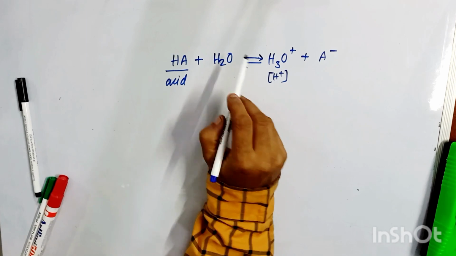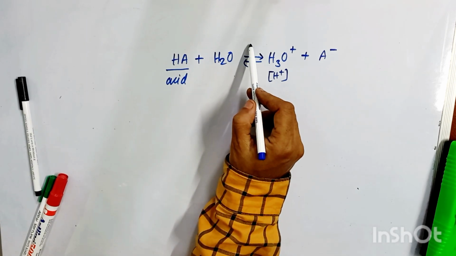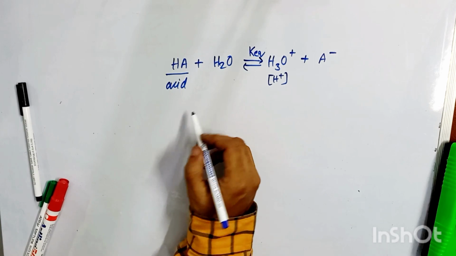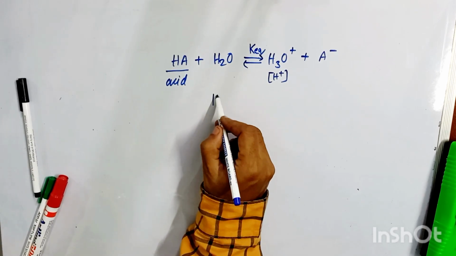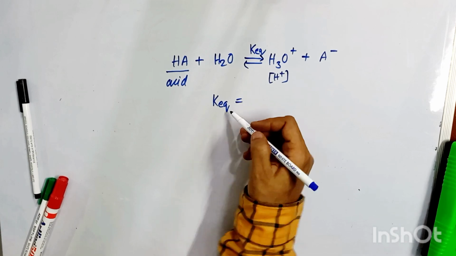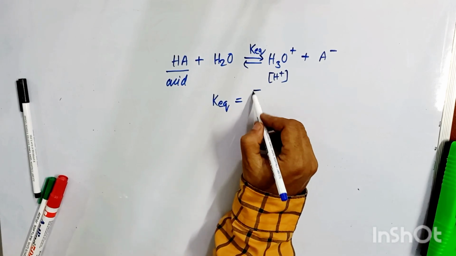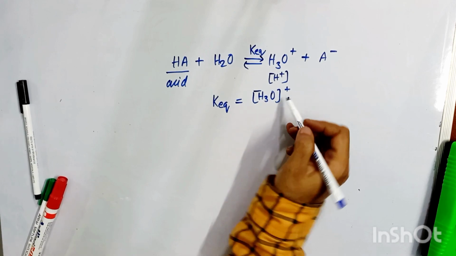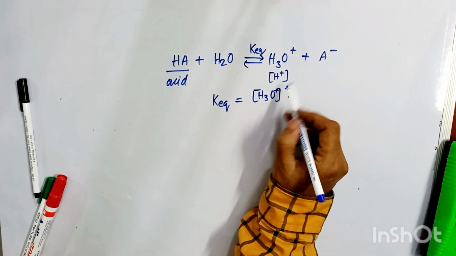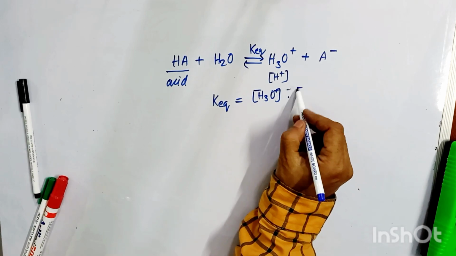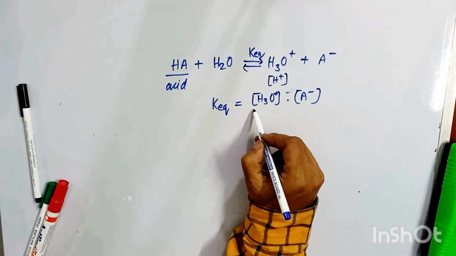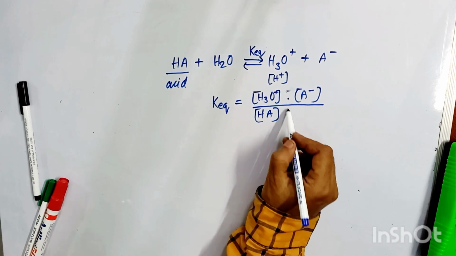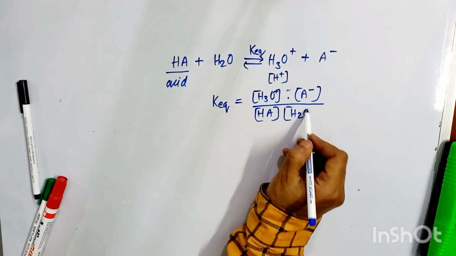Now we know that the equilibrium constant of this is Keq. If I write what Keq is, we know that it is product by reactant. So it is H3O plus into A minus by HA into H2O.